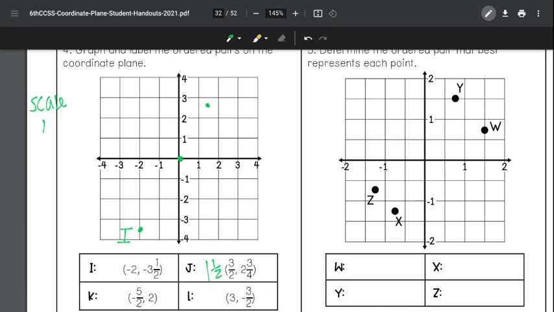So you should see point J right there. K says -5/2 and 2. -5/2 is really -2.5. Write that down. So it's really just -2.5, comma 2. So -2.5 goes in between -2 and -3. And then we go up 2 spots. And that's where I should see K.